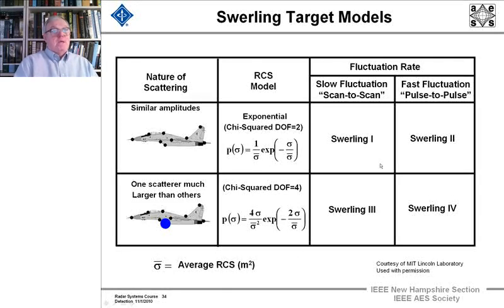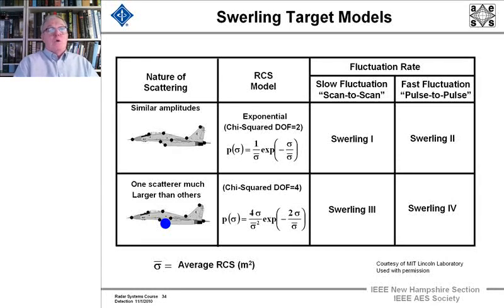Okay? Now, whether it's Swerling 1 or Swerling 2 depends on the fluctuations. We call them slow or fast. Now, just think of that air traffic control radar. It's going to be banging out pulses at approximately 1 kilohertz. Boom, boom, boom, boom, boom, boom. And then it's going to, 4.7 seconds later, come back and hit it with another bunch of pulses.